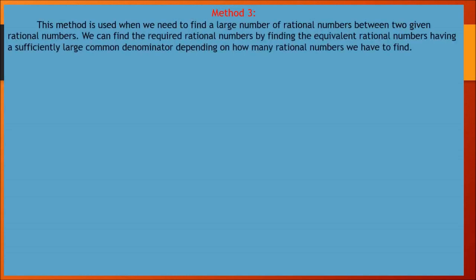Now we can see the third method, and this method is good if we need to find a large number of rational numbers between two given rational numbers.